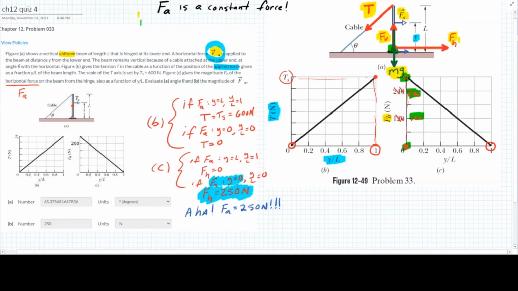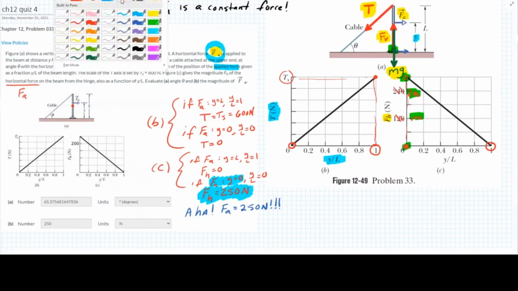When F sub A is applied at y equals 0, then my hinge force, oh, and you know, the other things I can update. This graph is saying I have my answer. I'm going to update F sub H because I know what's going on physically. F sub A is for sure always pointing to the right.